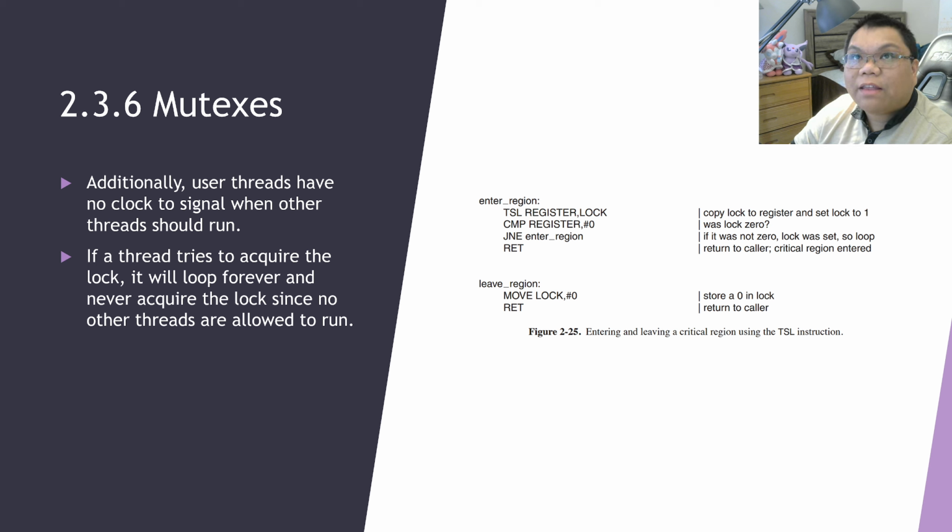So if a thread needs to give up the CPU to another thread, we as the programmer need to provide that signal. If a thread tries to acquire the lock, it will loop forever and never acquire the lock, since no other threads are allowed to run.